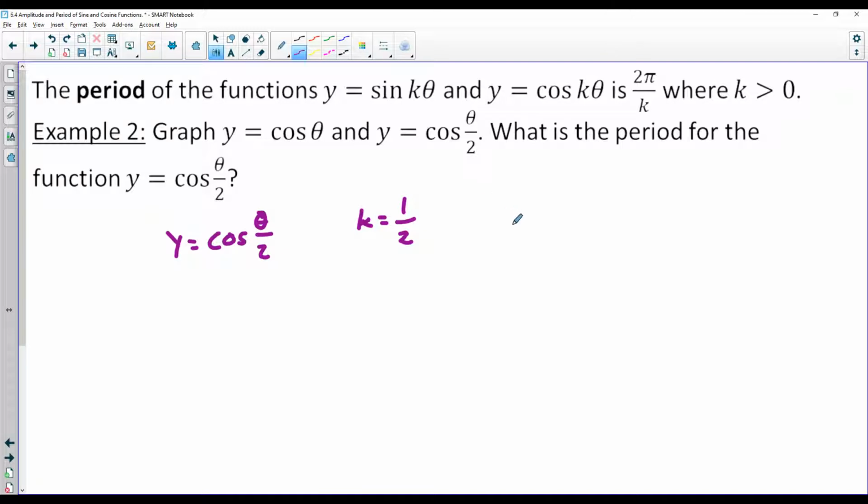So our period is 2 pi divided by 1/2. Dividing by a fraction is multiplying by the reciprocal, so dividing by half is really timesing by 2. So our period is really 4 pi, because we're going to take that 2 pi and multiply it by 2.